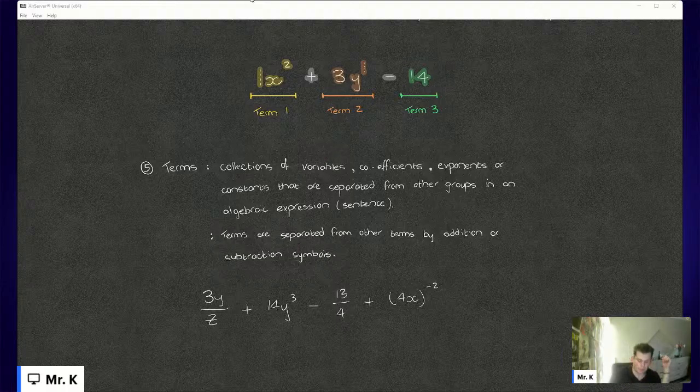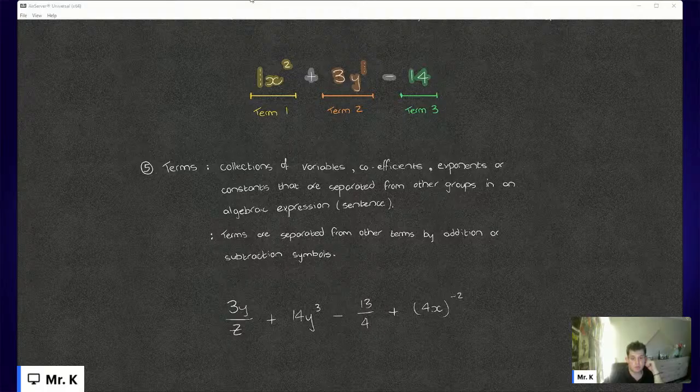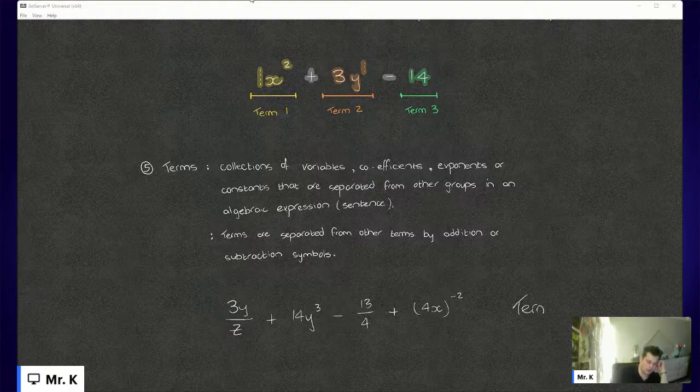Right, so at the bottom of the screen now, I've written down something that looks pretty intimidating, right? There's lots of letters and all kinds of symbols and fractions and whole numbers and variables. It's a collection of everything that we've discussed today. So, if I asked you how many terms there are in the following expression, guys, what would our answer be?